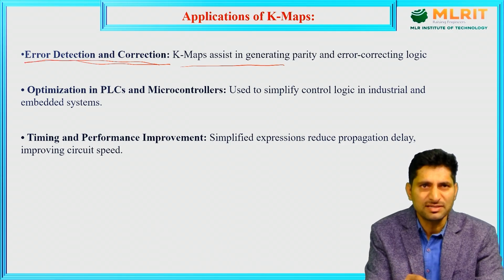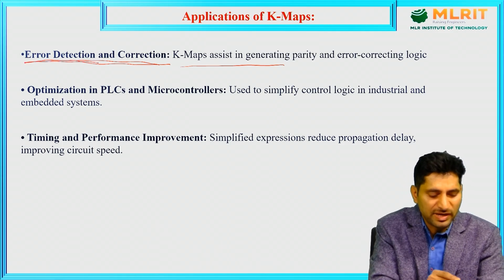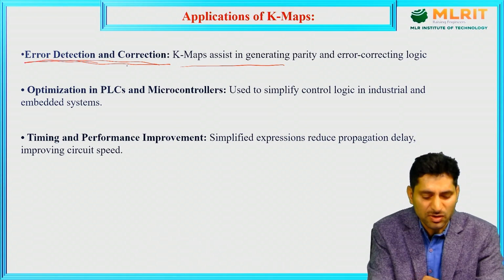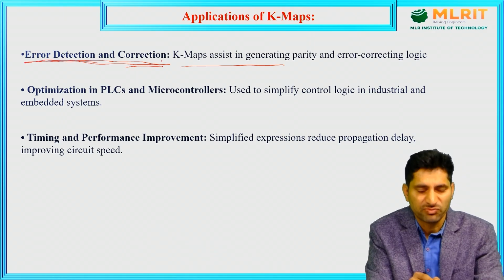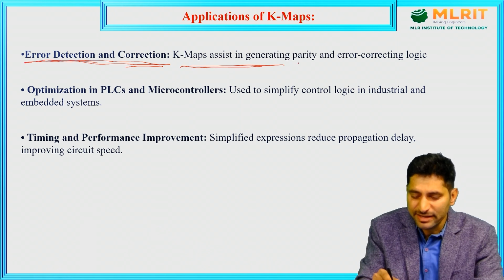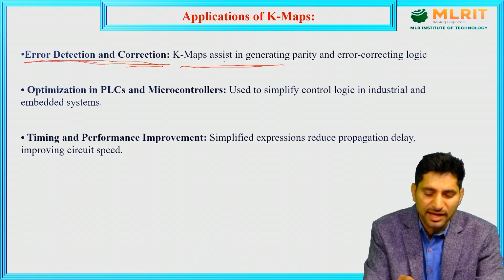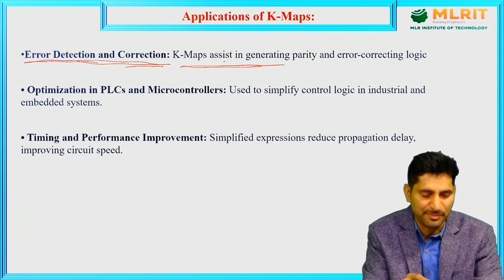We need to first identify where exactly the data was missed, that is, detect those bits, and then correct them. For this we use parity checking, even parity and odd parity. So in that application also we use K-maps.